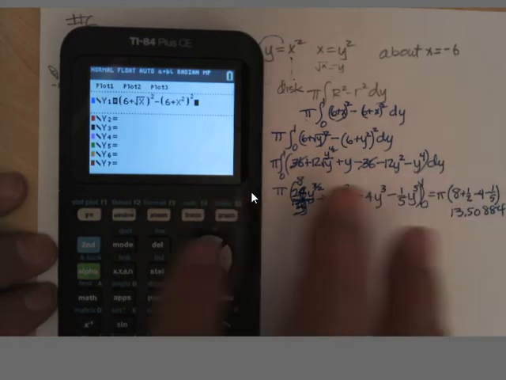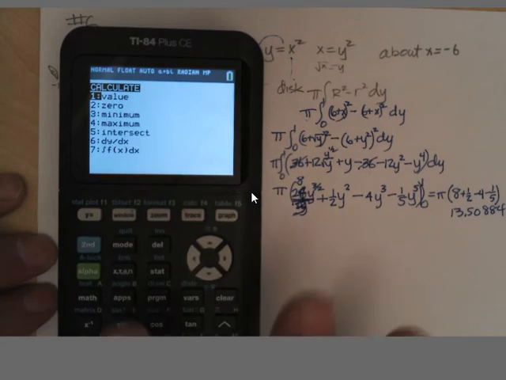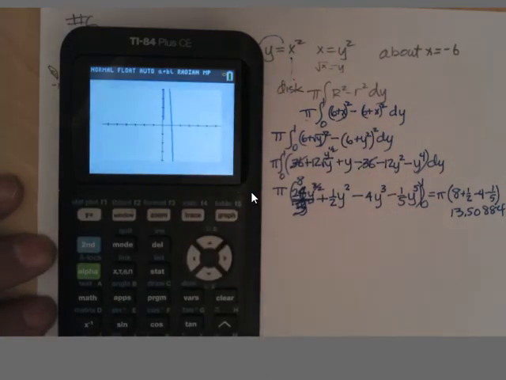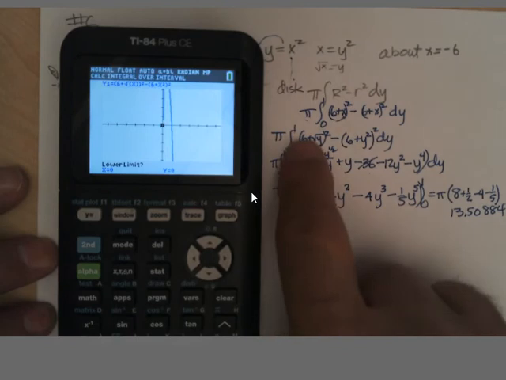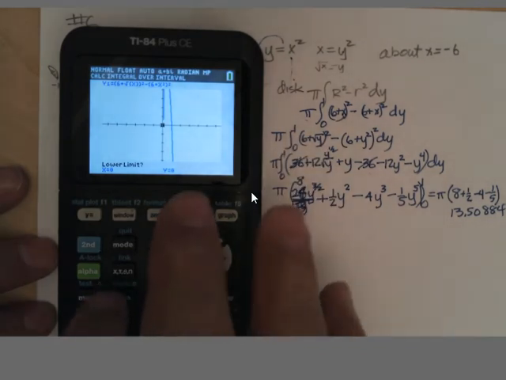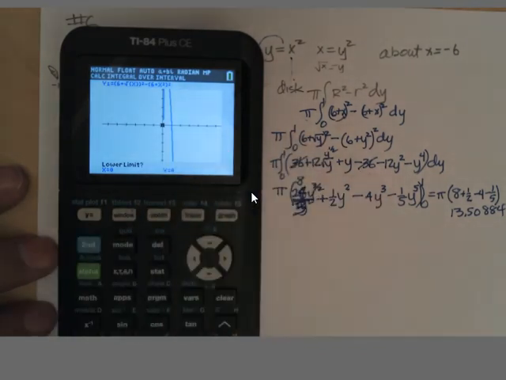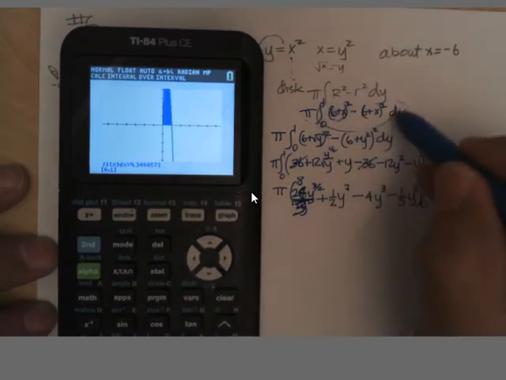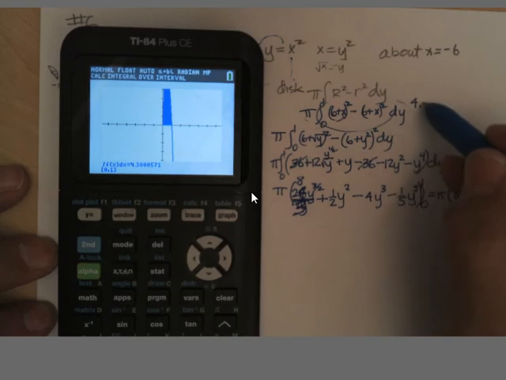And then I'm going to go second, calculate, 7. And I want to calculate the area between 0 and 1. So lower is 0, upper is 1. And for this part, I get 4.30000571.